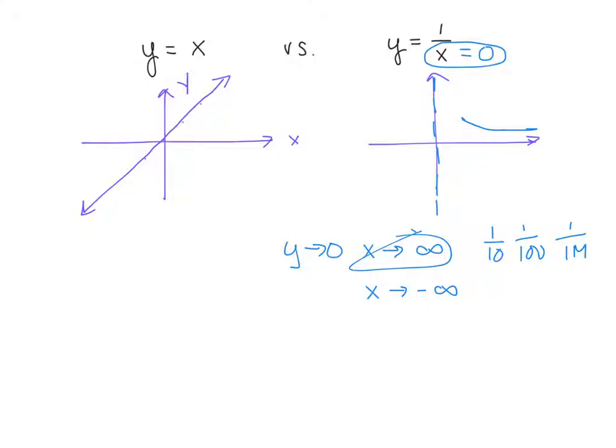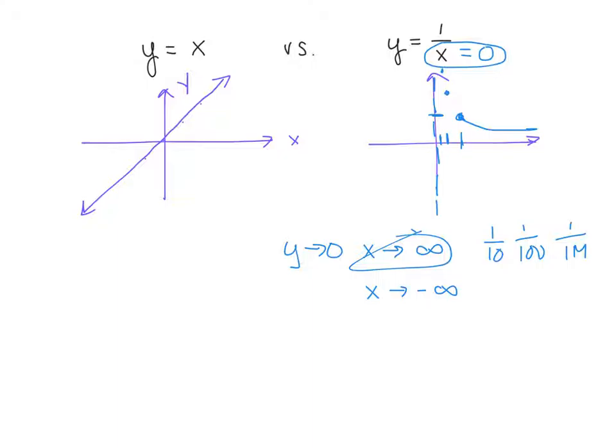At x equal to 1, y is 1. And if x is one half, 1 over 1/2 is 2. If we have 1/3 as x, then 1 over 1/3 is 3.